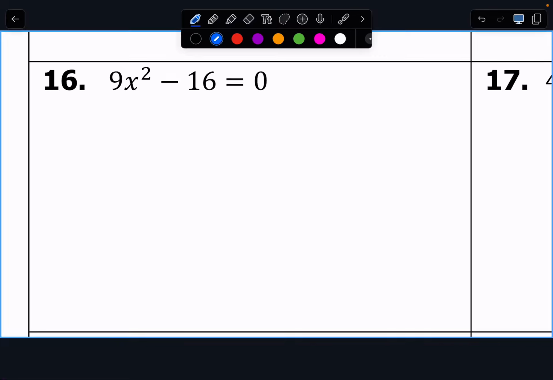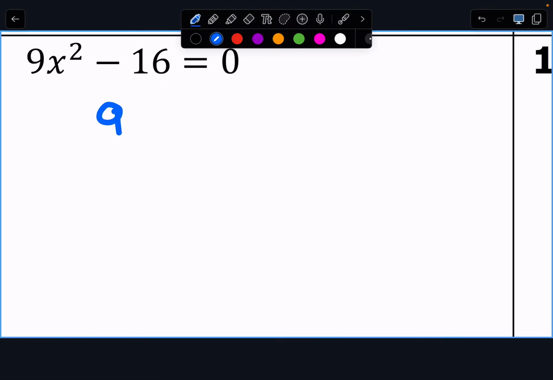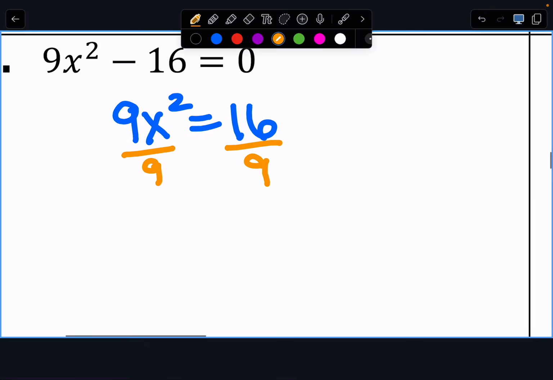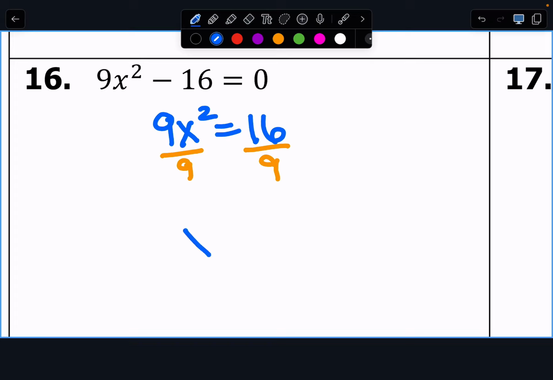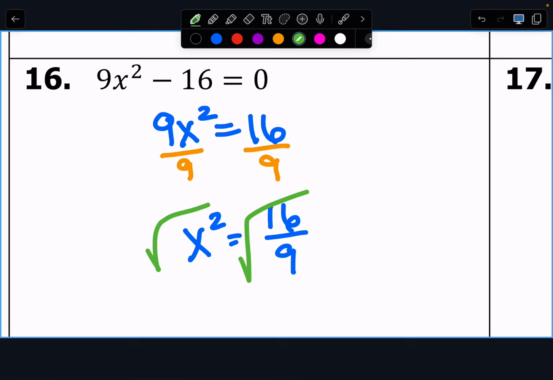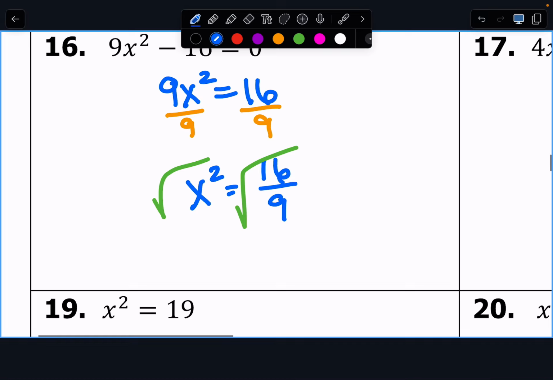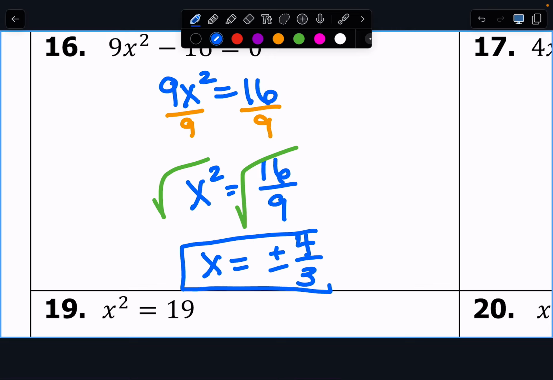I know, this is just another option. Since there's no bx term, we can add the 16 over, divide by 9, but 16 doesn't divide by 9. But when we square root both sides, what's the square root of 16 over 9? So our answer is plus or minus 4 over 3.